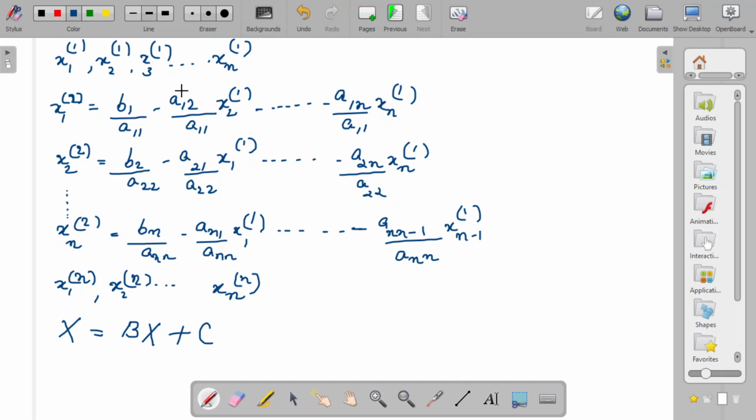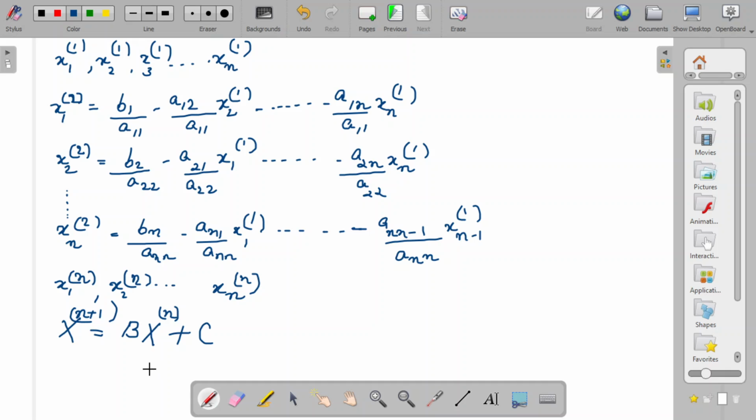B is the matrix constituted by a12 divided by a11, and so on, up to a1n divided by a11 as the last term in the first row. Similarly, you can have all the coefficients constituting the matrix B. And then the iteration formula is x(n+1) equals B x(n), the approximate, plus c.